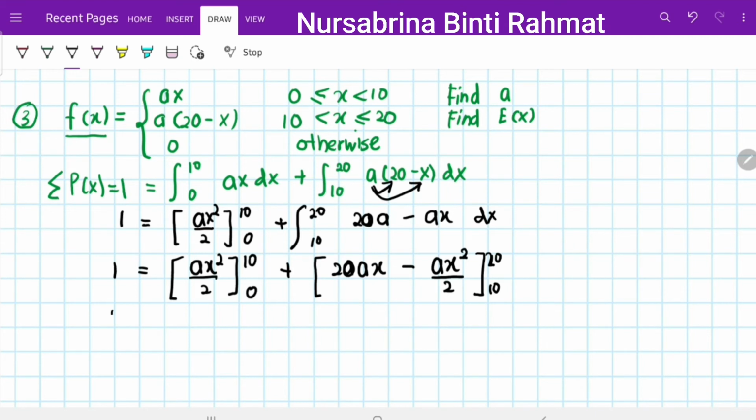So I am going to substitute the values of x.